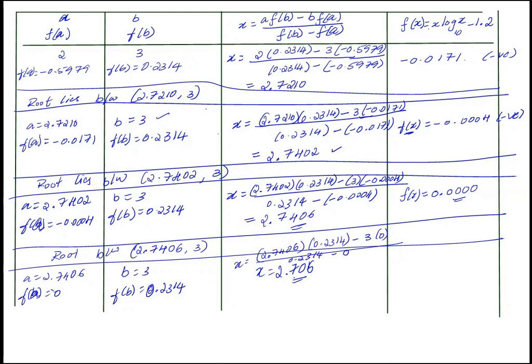Okay, surely you will get this answer. Let's check. The answer is 2.7406. It is the same as this value. Even if it is 0, it's neither positive nor negative, you can change this one also. Surely you will get the same answer.